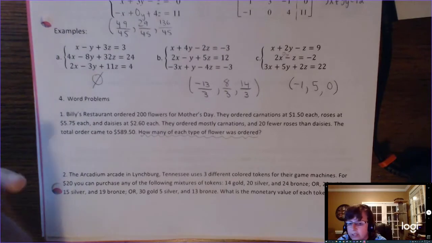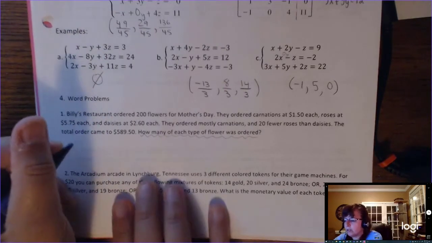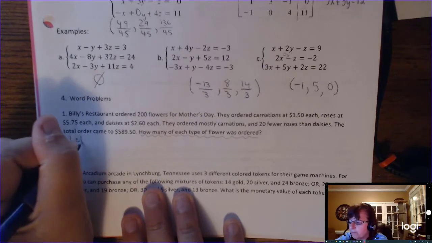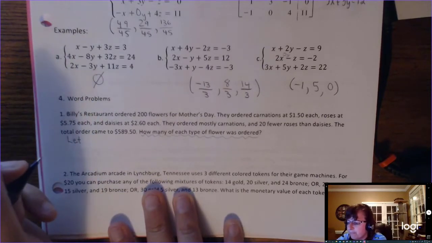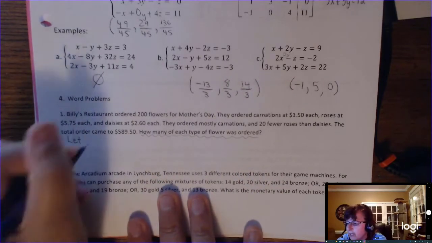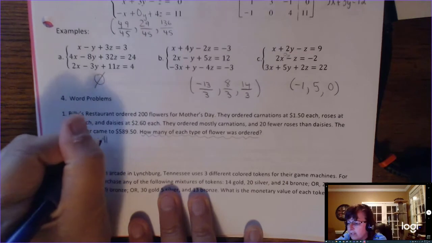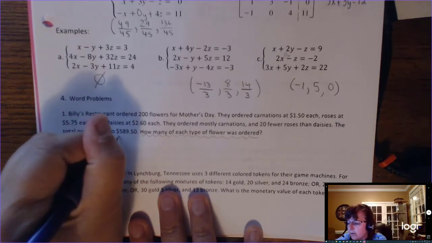Now, I don't like to use X, Y, and Z because it messes with my brain. I can't remember which is which. So I like to use the alphabet. So how many of each type of flower? So the 3 types of flowers are C, carnations. So I'm going to say let C be number of carnations.